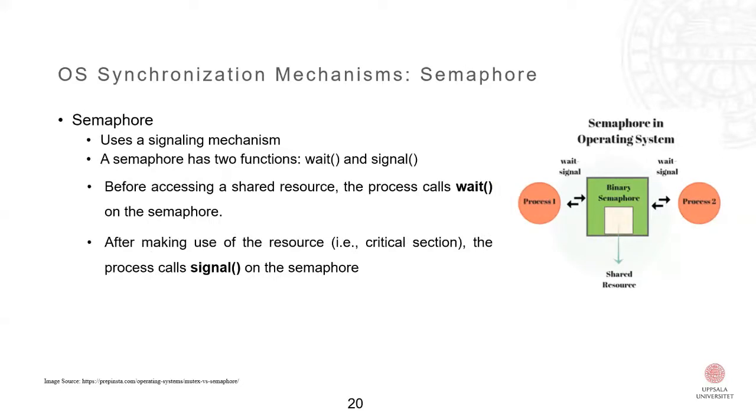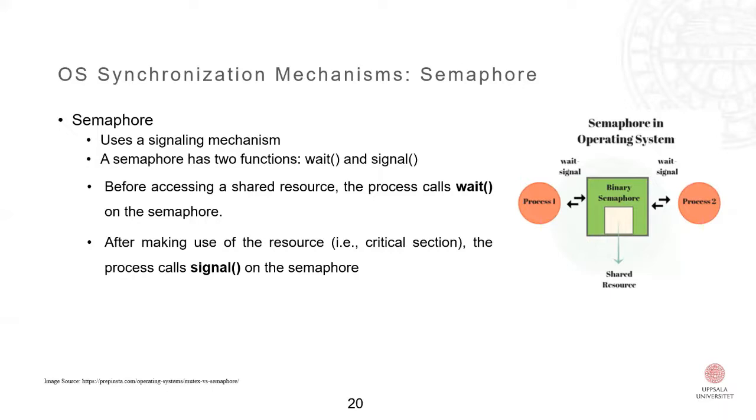Another mechanism which is offered by operating systems for synchronization is called semaphore. A semaphore uses a signaling mechanism. So in this case, again, we have a shared resource to which different processes or threads want to have access. So it works like this. A semaphore has two functions that are called wait and signal.